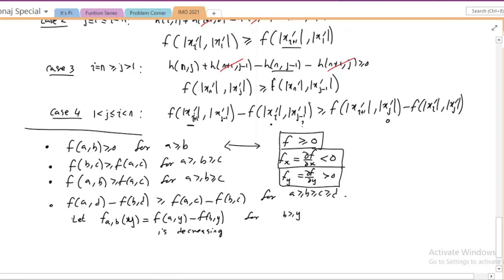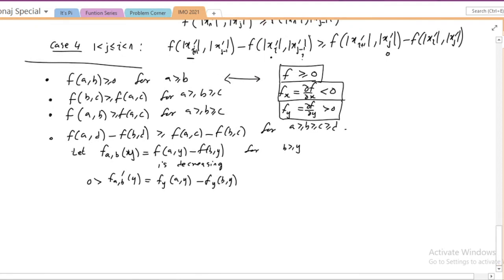So in terms of derivative, if we take f prime y, this should be less than 0, and taking the derivative with respect to y is just taking second derivative here. So we must have that this is true for all a greater than b greater than y. Okay, so rewriting this is the same as writing this.